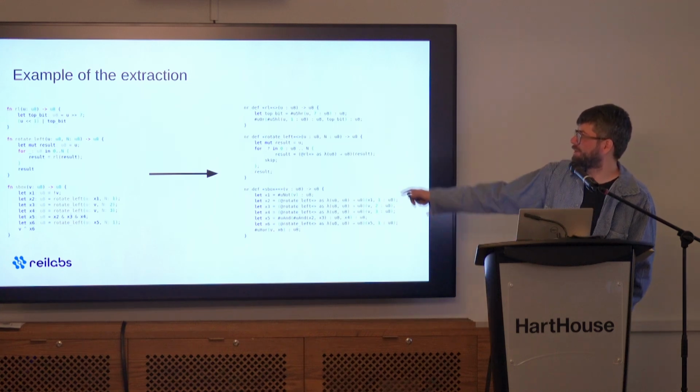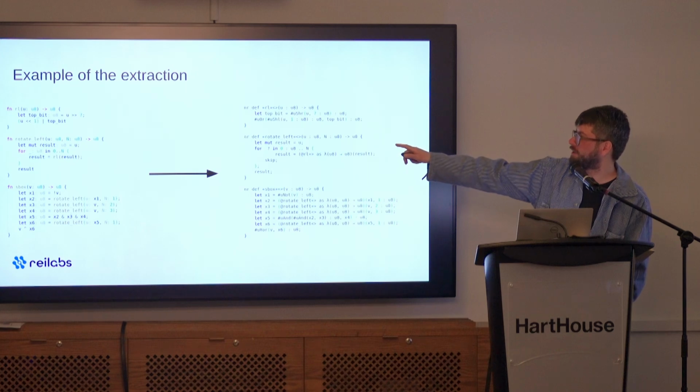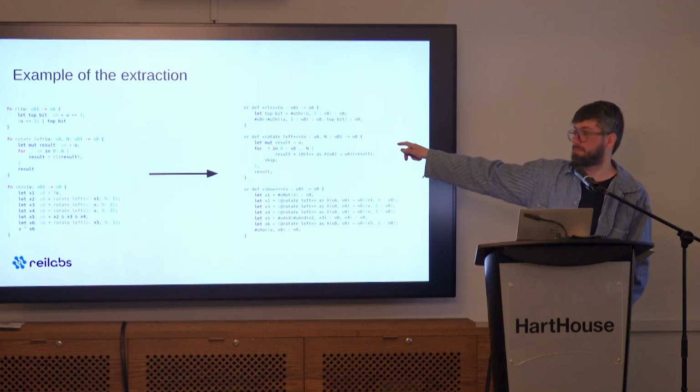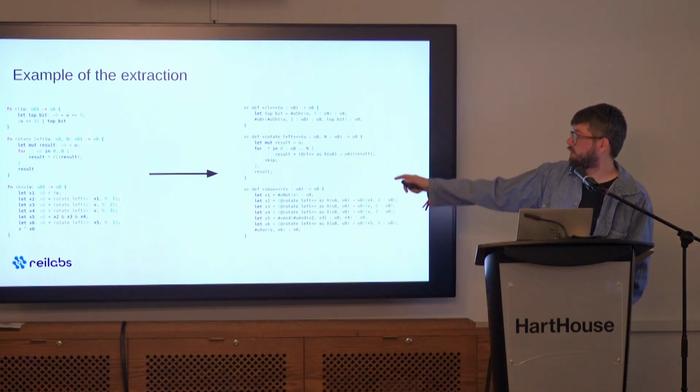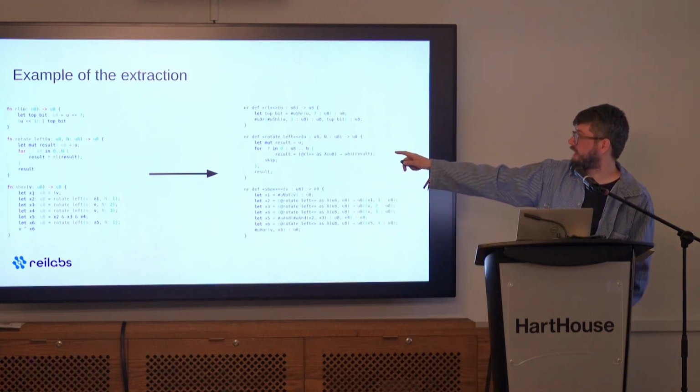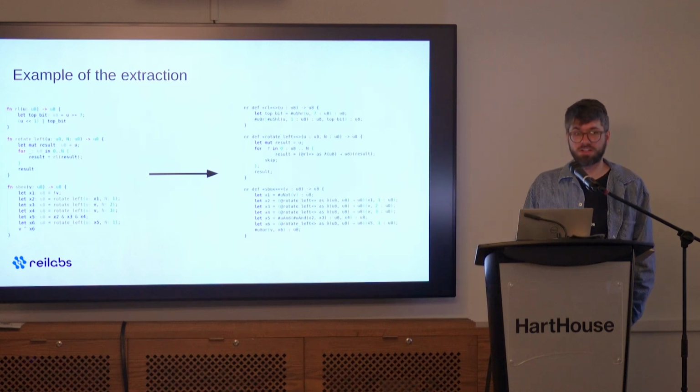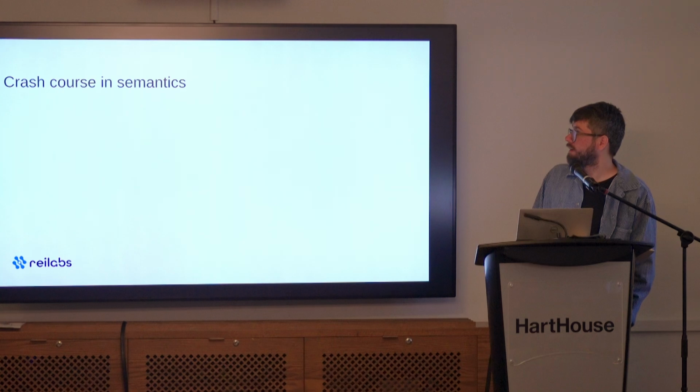For example, you see the rl function, you have u shift left 1 or with the top bit, and over here you see the exact same thing implemented on the right. And similarly, rotate left, you're just repeating this loop n times, and on the right, you see here again, it's repeating n times. So this is an example of the extractor.